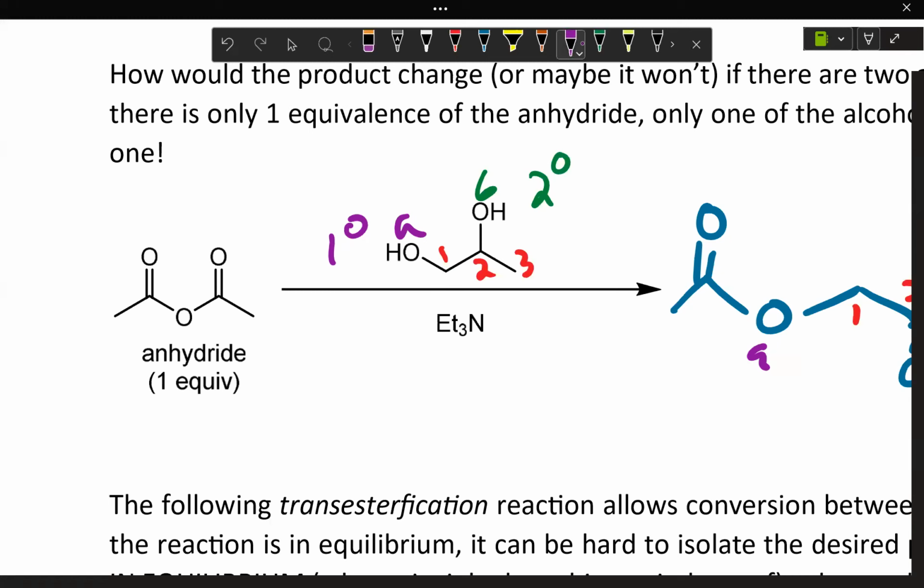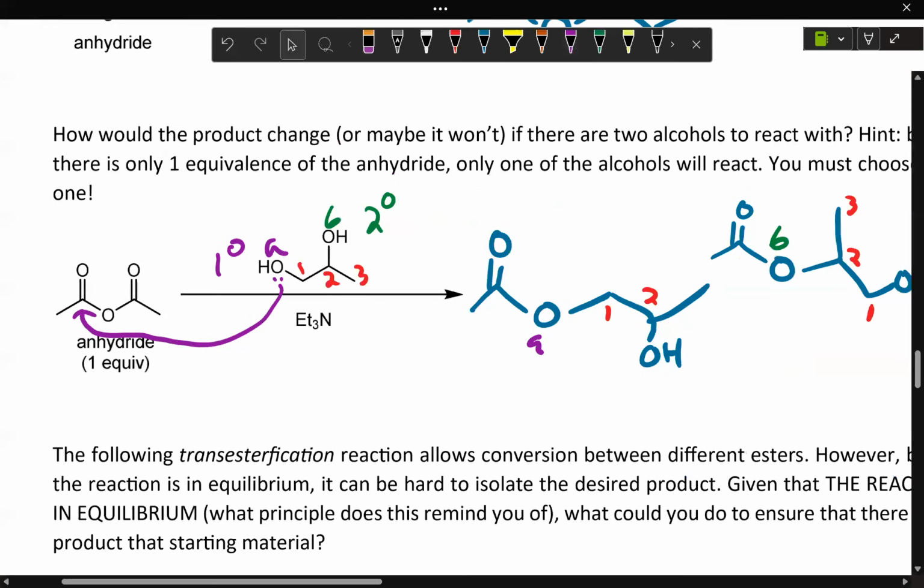As opposed to the secondary alcohol, which is attached to a secondary carbon that has 2 other carbons around it. So this secondary alcohol is more sterically hindered, and this primary alcohol is less sterically hindered. So it's going to be the less sterically hindered alcohol that adds on to create the ester.